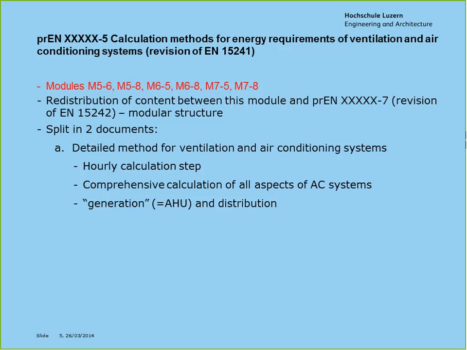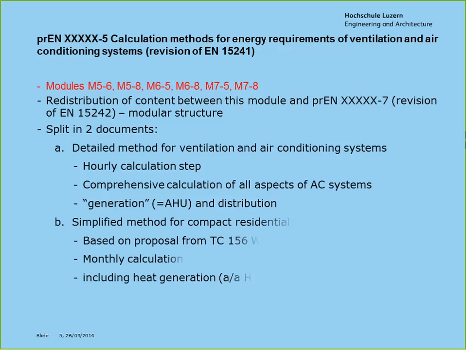The first document gives a detailed method for ventilation and air conditioning systems, mainly focused on an hourly time step calculation, a very comprehensive calculation with all aspects of air conditioning systems, covering, as I said, the generation, which means the air handling unit in ventilation service, and the distribution, which means the duct system.